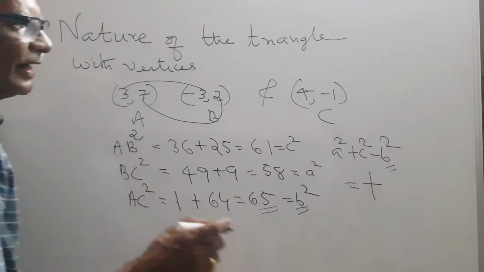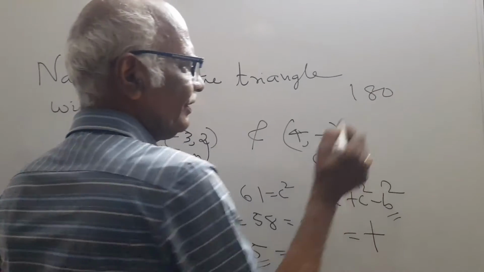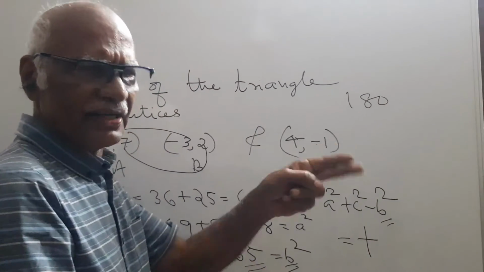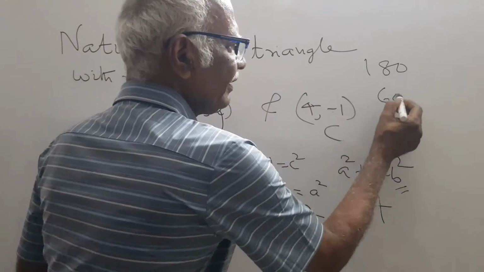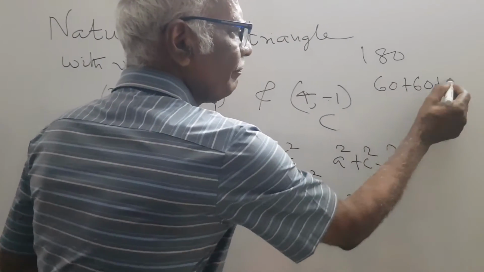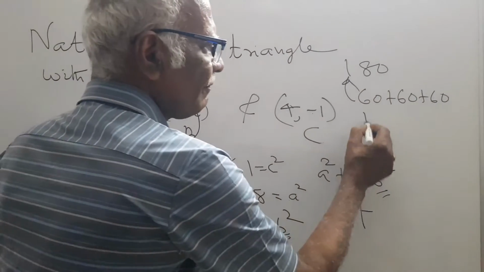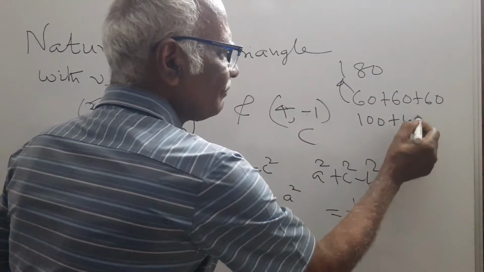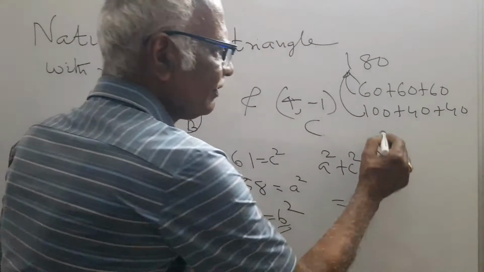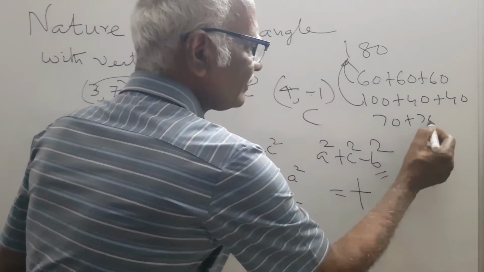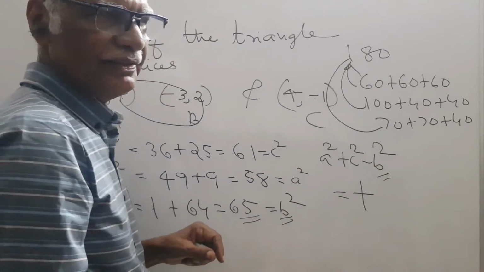Now we know that the sum of the angles of a triangle is 180. There are different situations in which this 180 comes. 60 plus 60 plus 60 make 180. 100 plus 40 plus 40 make 180. 70 plus 70 plus 40 make 180.